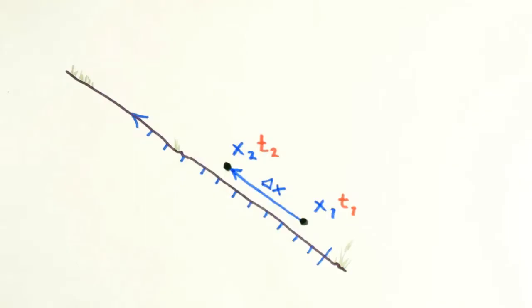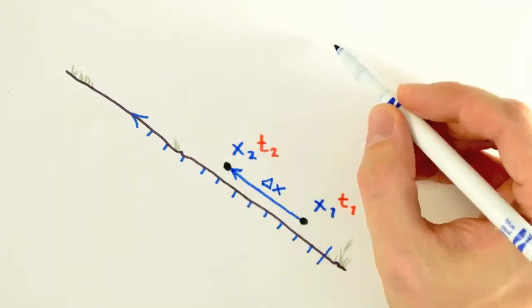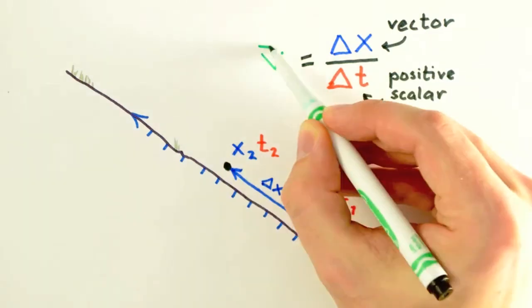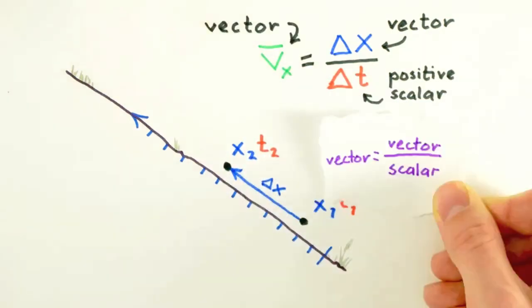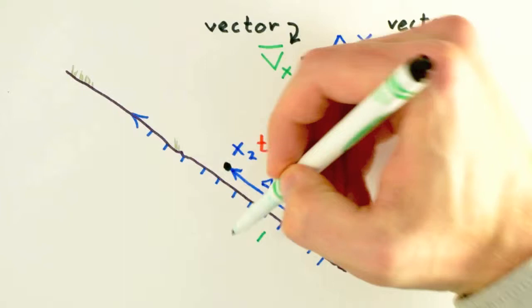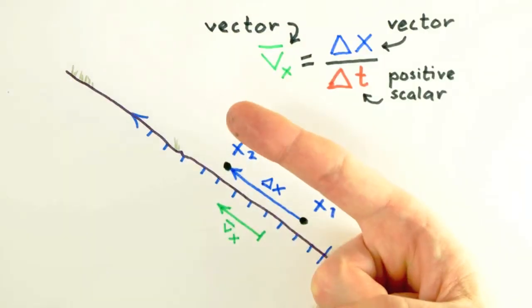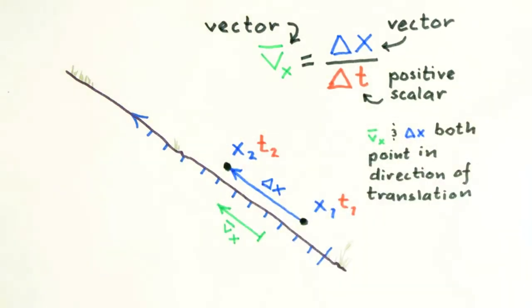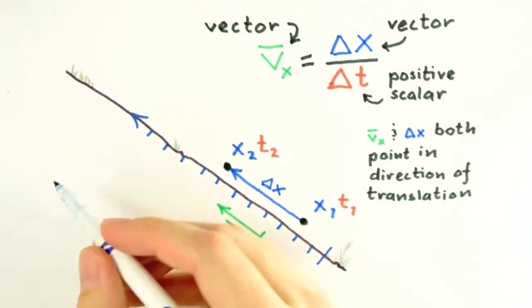Let's draw an arrow to represent the average velocity. Since the displacement vector is divided by a positive scalar to yield the average velocity, the arrow we draw for the average velocity must point in the same direction as the arrow drawn for the displacement. The direction of both the displacement and the average velocity tell us the same thing, the direction of translation.